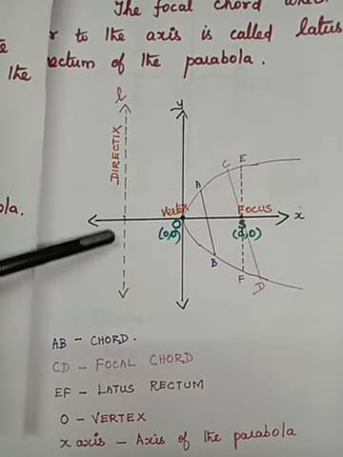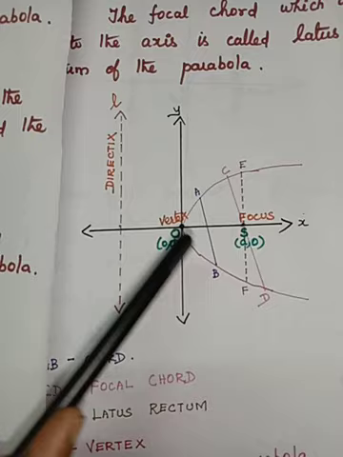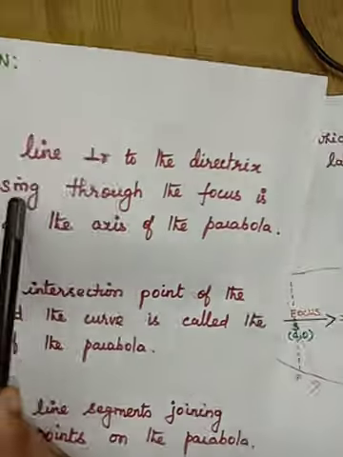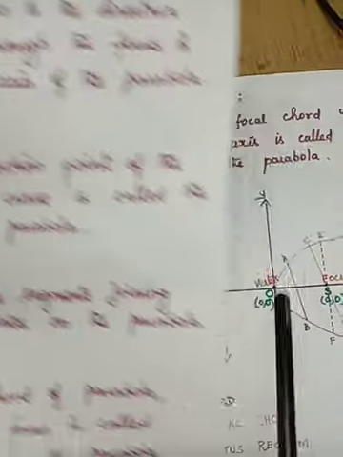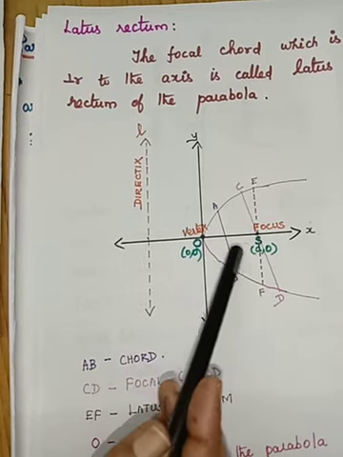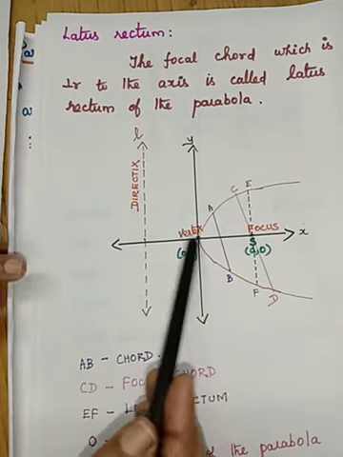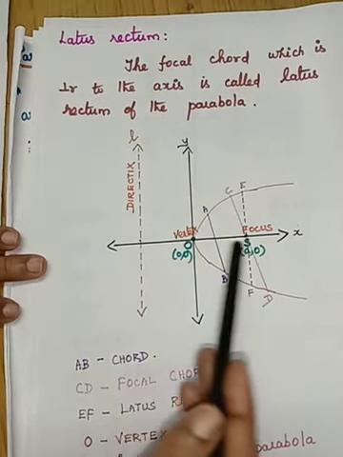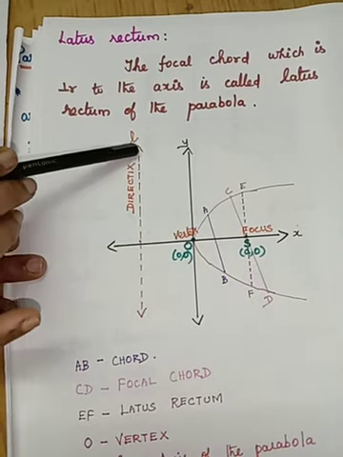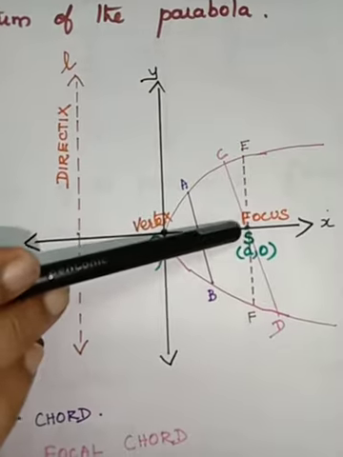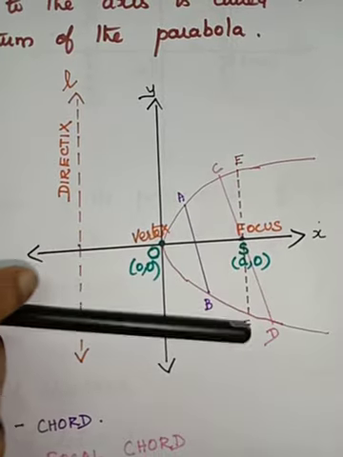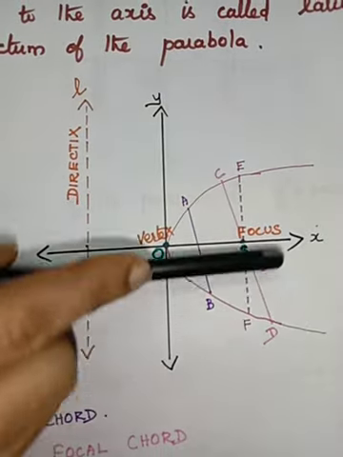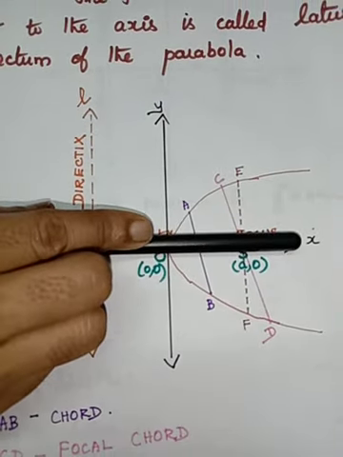So the directrix, how should it be? It should be perpendicular, and not only perpendicular but also passing through the focus. So which line is like that? See the x-axis. The x-axis is the line which is perpendicular to the directrix and passes through the focus. So for this parabola, the x-axis is the axis.